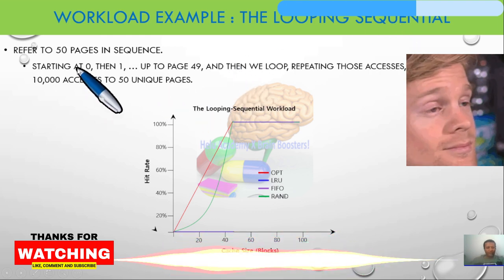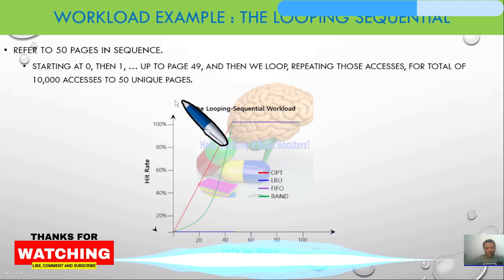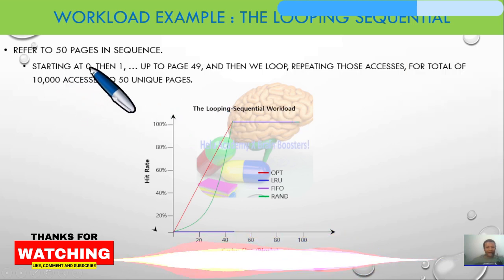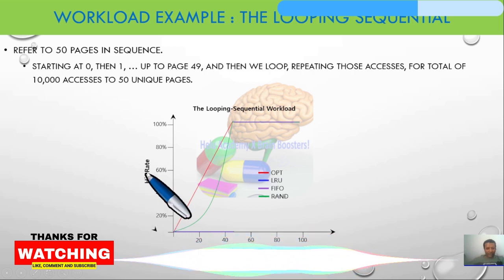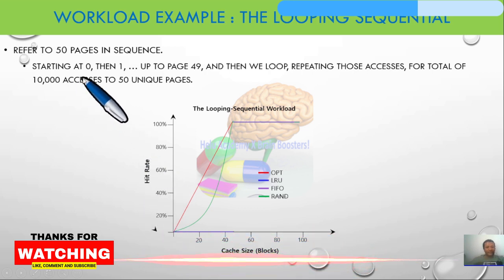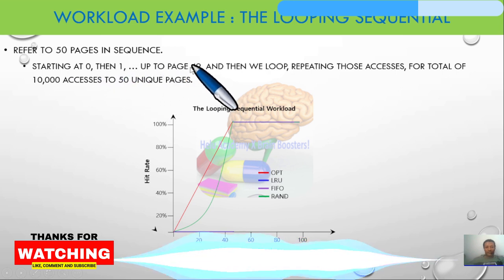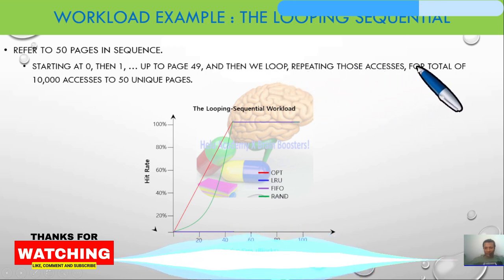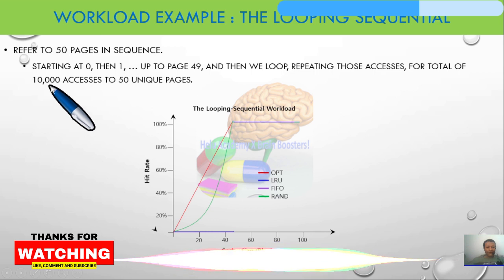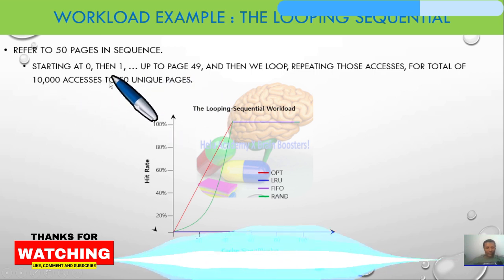Looping sequential refers to 50 pages in a sequence, starting at 0. We have the cache size and the hit rate. It starts at 0, then 1, up to page 49, a total of 50, and then we loop, repeating those accesses for a total of 10,000 accesses, over 50 unique pages.